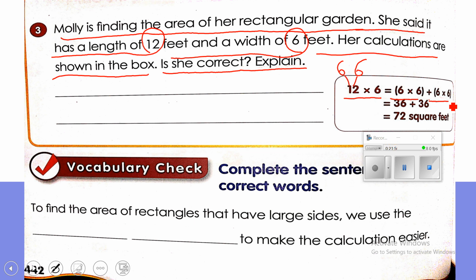The answer is 72. So is she doing right? Yes. Perfect. She's using the what? Distributive property. Perfect. So I say yes.